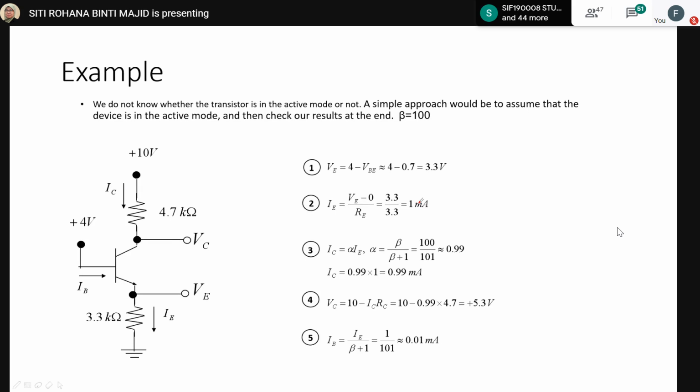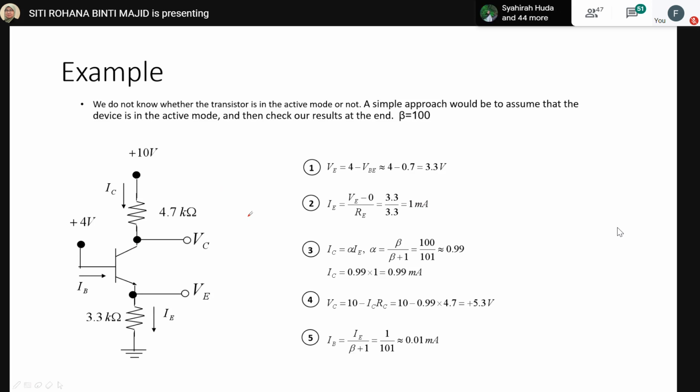Because we only have beta but we don't have IB, you can use another alternative to calculate IC. VC we can calculate from this part: 10 minus ICRC, and then you will get 5.3 volt.